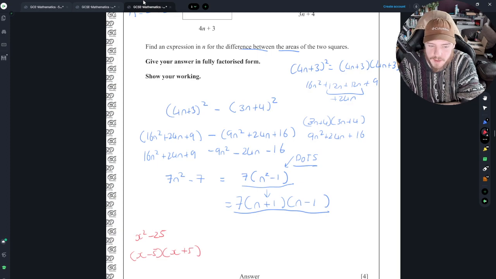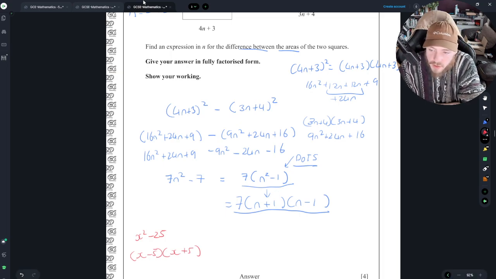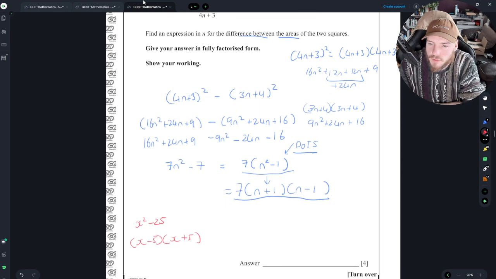So same situation here. I've got n squared minus 1, plus 1 and minus 1. If you expand, you'll get the exact same thing as what's inside this bracket here. So these are our two factors. x minus 5, x plus 5. In this case, it'd be n. Since we're not equating it to anything, we don't have any values for n. But that should be that.